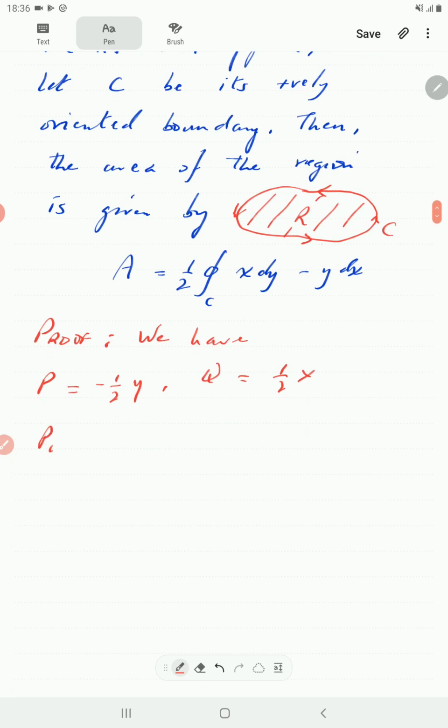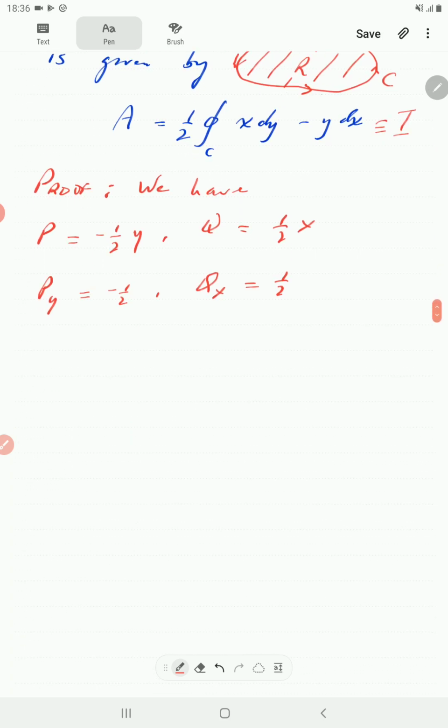So Py is negative 1/2, Qx is 1/2. So if we call this thing I, then according to Green's theorem, I is the double integral of Qx minus Py. So it's going to be negative 1/2 minus negative 1/2 dA. This gives us 1.